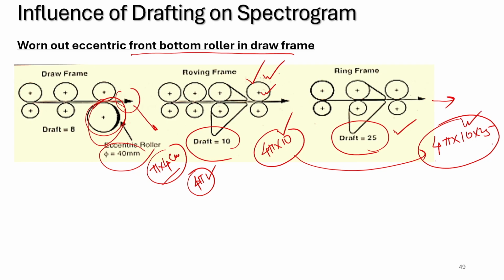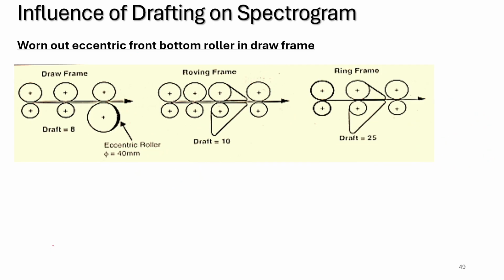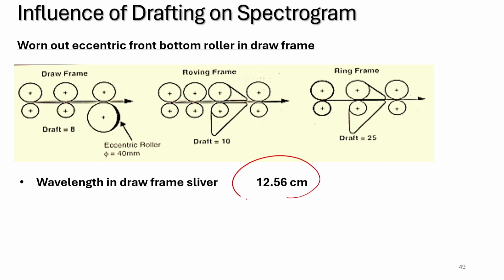So, the wavelength at the drawframe sliver will be 4 pi, that means 12.56 centimeter, and the wavelength in the roving is 1.26 meter.